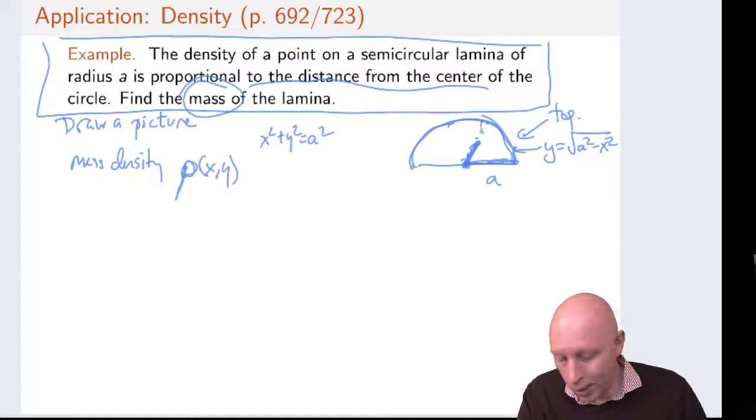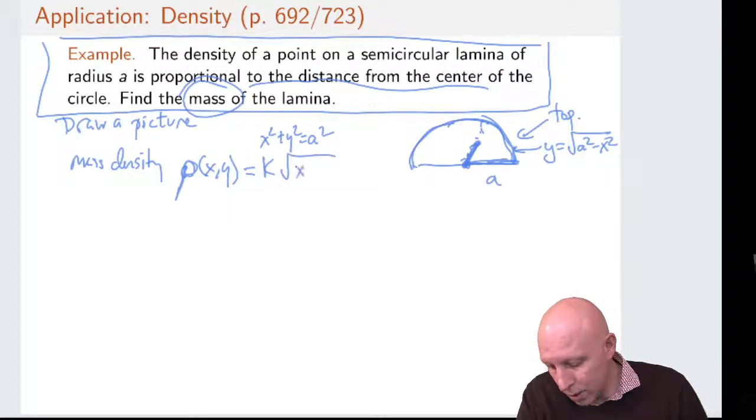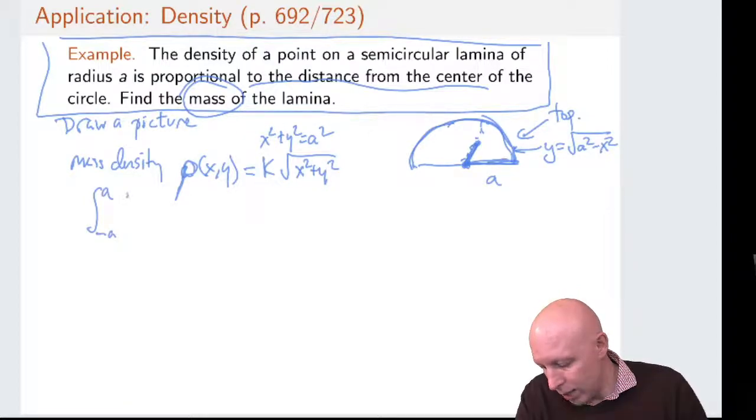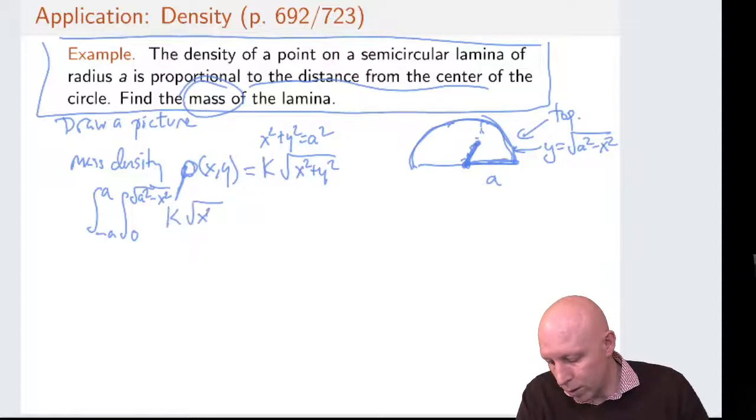And so the mass density is going to be some constant times the distance, the square root of x squared plus y squared. And so you'd set up an integral from negative a to a, of the integral from 0 to the square root of a squared minus x squared, of the density, k square root of x squared plus y squared, dy dx.